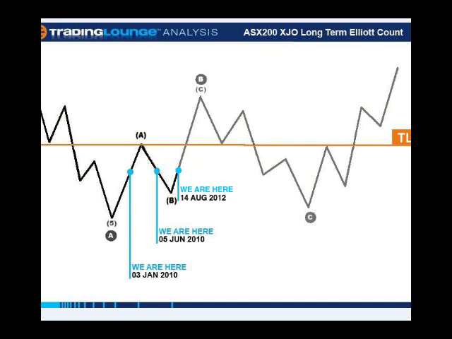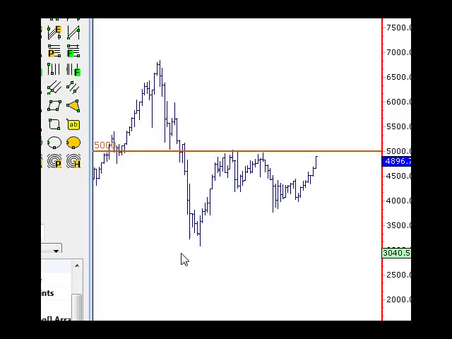When we look at that here, this is a monthly chart, so we can see that we've got this structure that's moving down through here, so that would be the A wave, and then we've got the primary A, and then we're looking at this B wave through here.